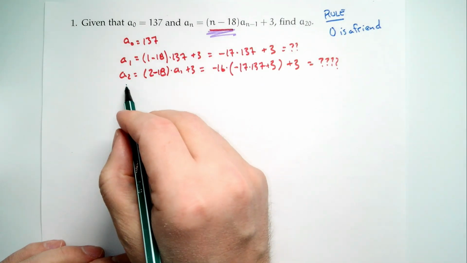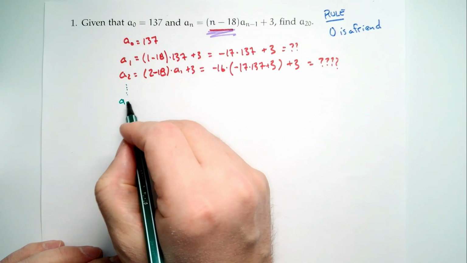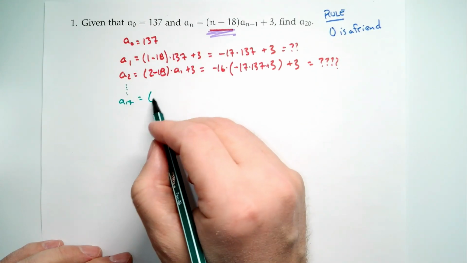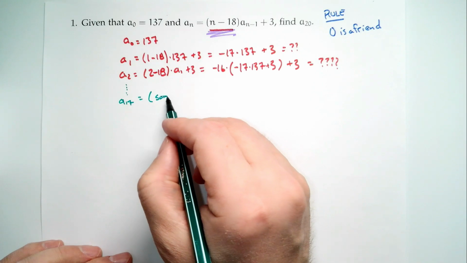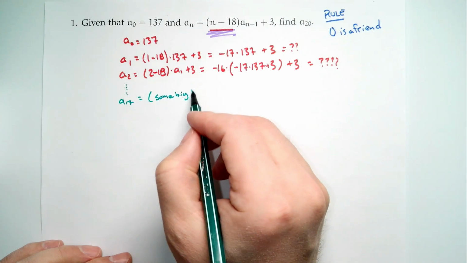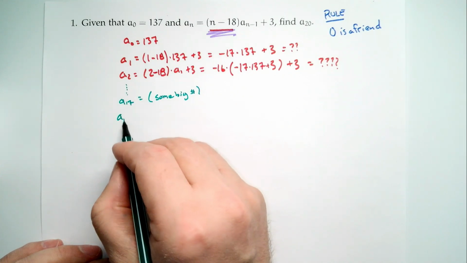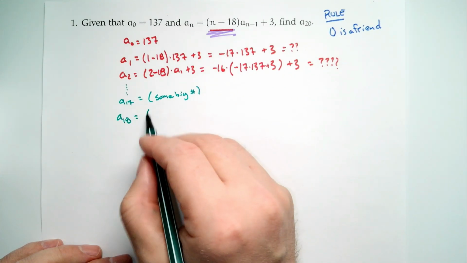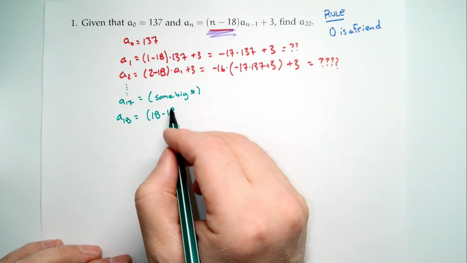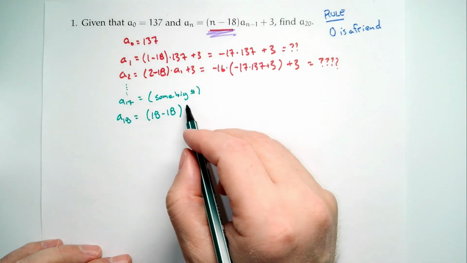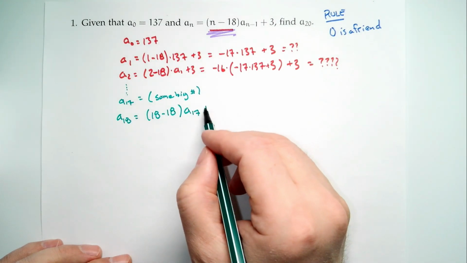So I could imagine I had gone to A17 equals some big number, which I don't know what it is, so I'll write down some big number. And then A18, according to the rule, would be 18 minus 18 times A17 plus 3.